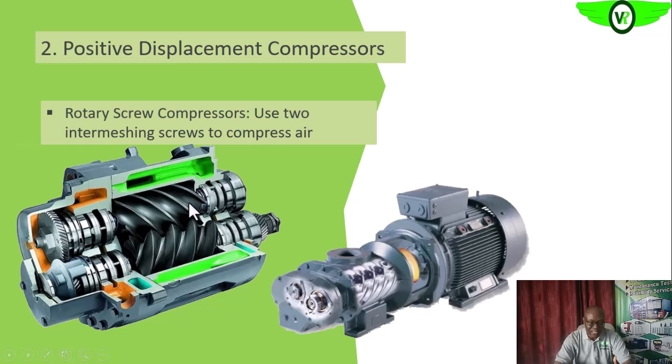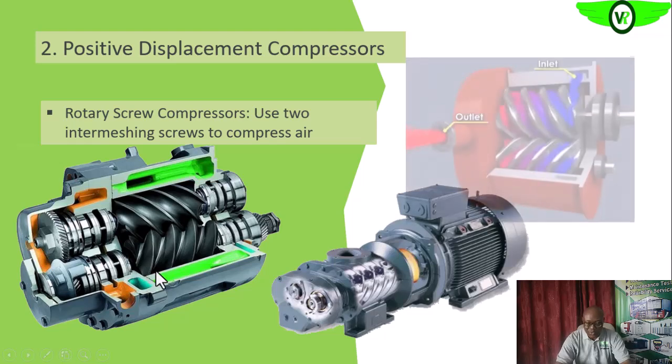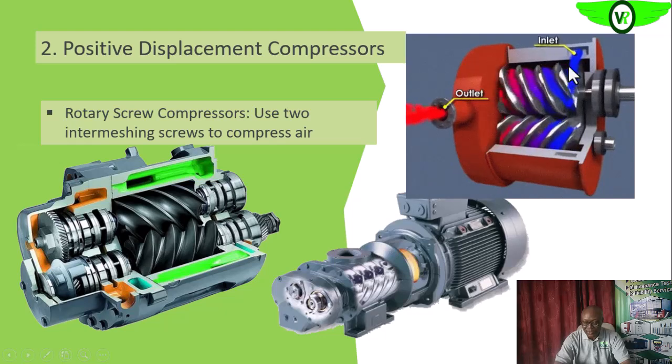So that trapped air, as it is moved away from the suction, the volume is reduced, and that increases the pressure until it is eventually discharged. So that is what you will see in this animation now.